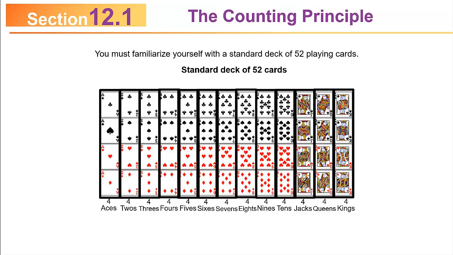So there are 4 aces, 4 twos, 4 threes, 4 fours, 4 fives, 4 sixes, 4 sevens, 4 eights, 4 nines, 4 tens, 4 jacks, 4 queens, and 4 kings. And if you add up all those fours, you get 52. That's what a deck of cards looks like.